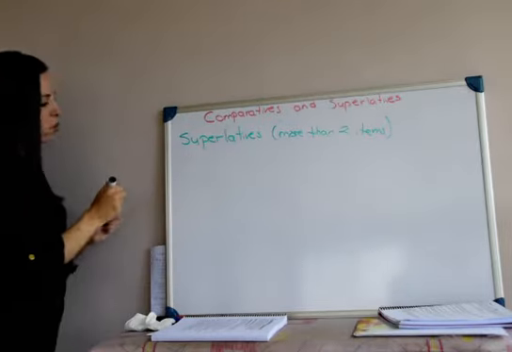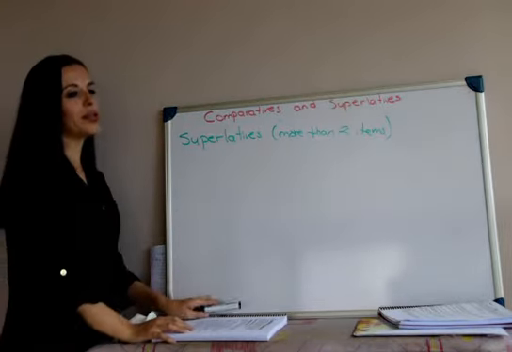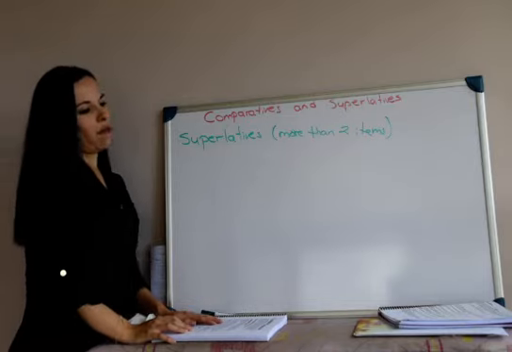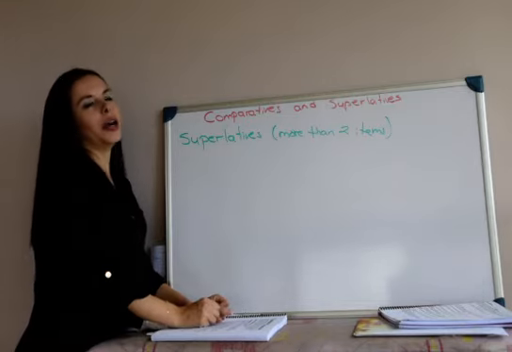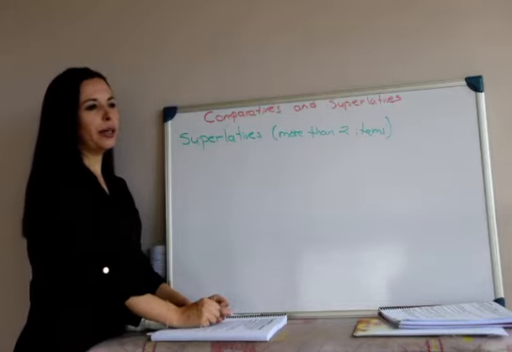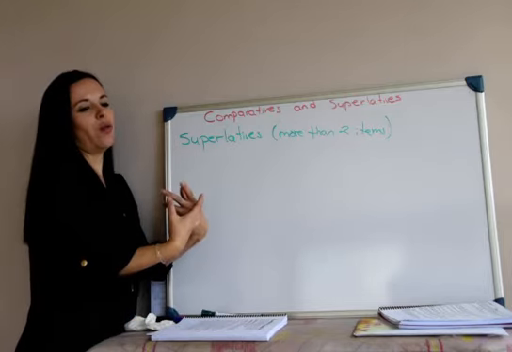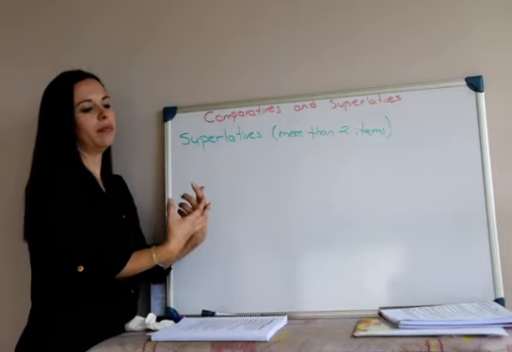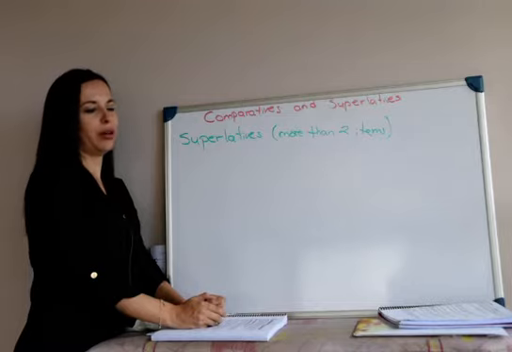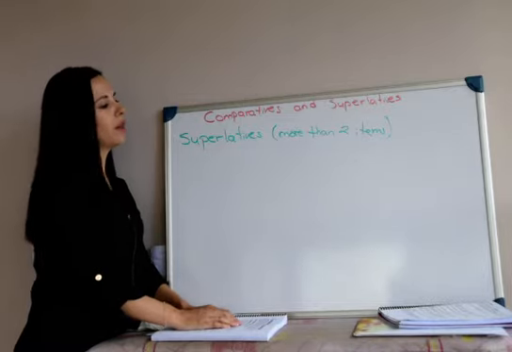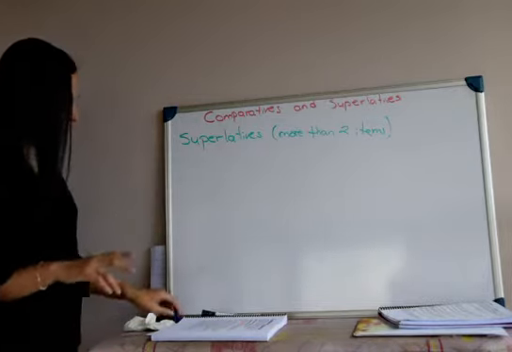When we want to compare more than 2 items, we use the superlatives. So let's talk about cars. I want to say which car, I'm going to use the superlative here. ¿Cuál es más rápido, right? So I'm going to invent.